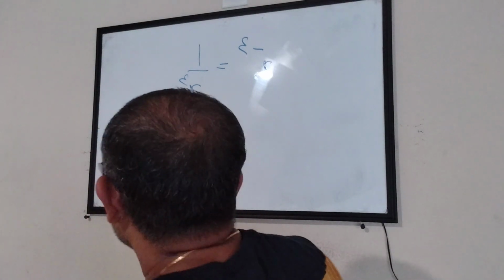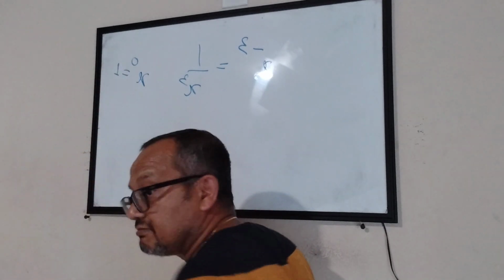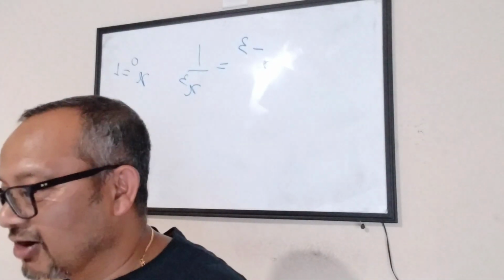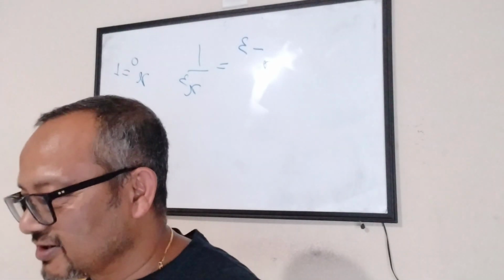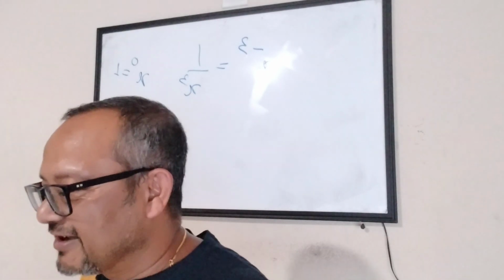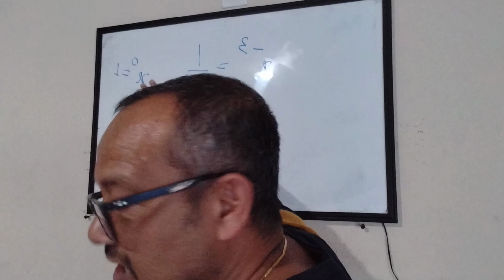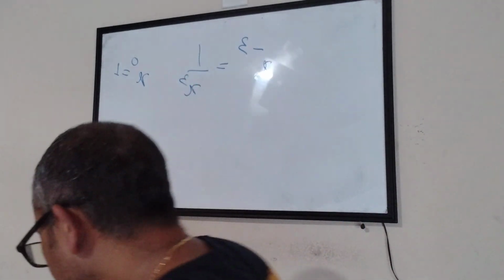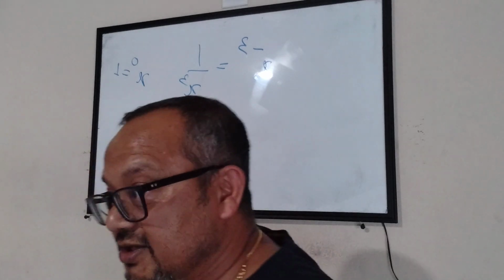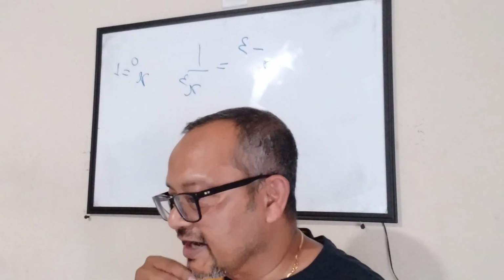Everybody knows anything to the power 0 is 1. But why? How? I have proved that in one of the classes before. Anyways, we'll come to that. So let's look at these two. x to the power minus 3 equals 1 by x to the power 3. Why? This is exponents. Everybody agrees this is exponent, right?